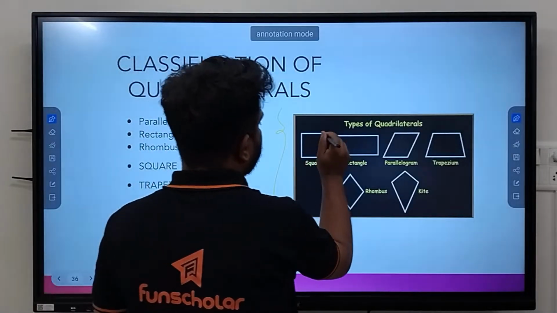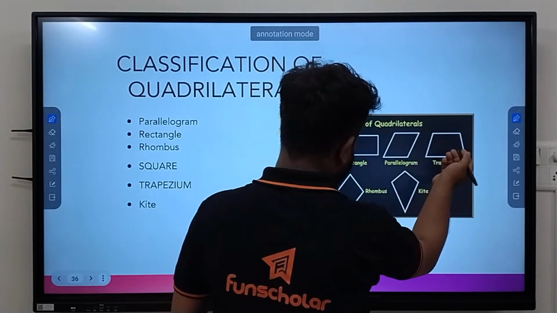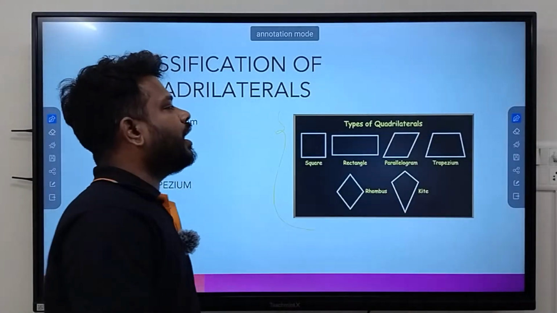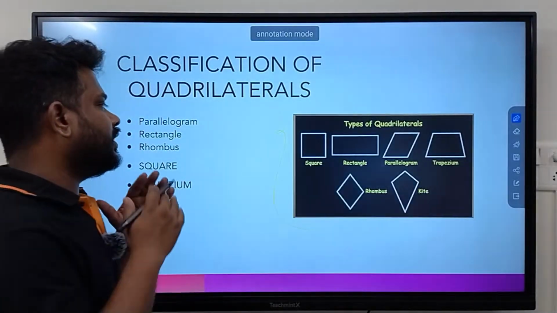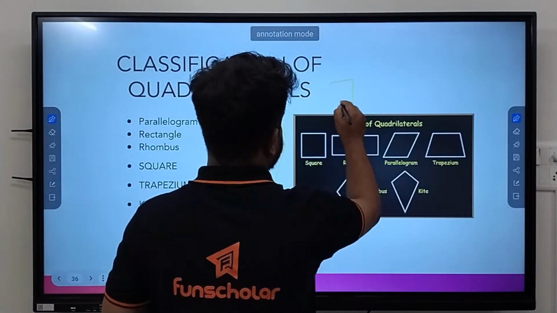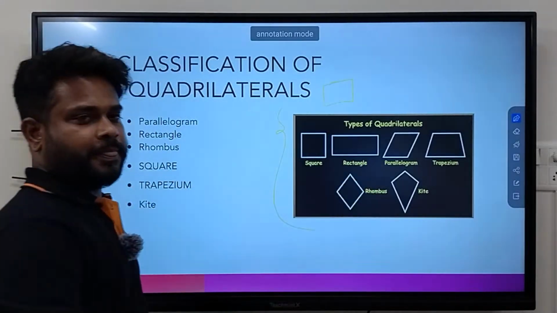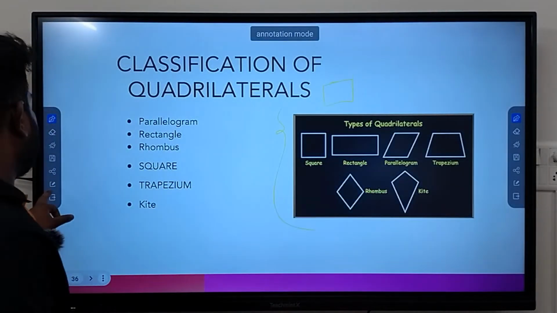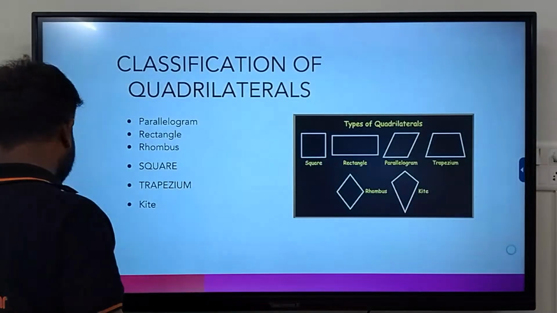Just like square, rectangle, parallelogram, trapezium, rhombus, kite, all are types of quadrilateral because they all have 4 sides. So these all are quadrilaterals.